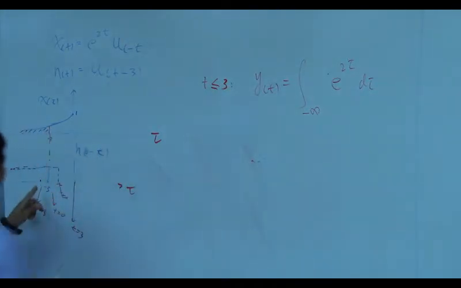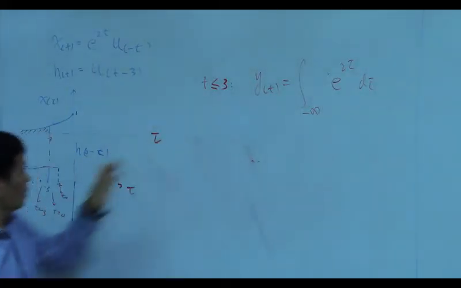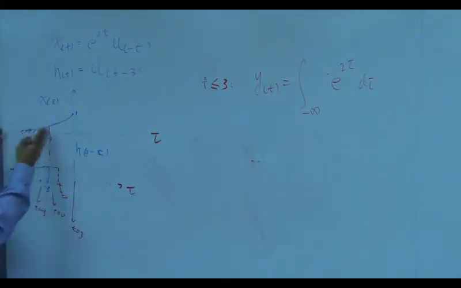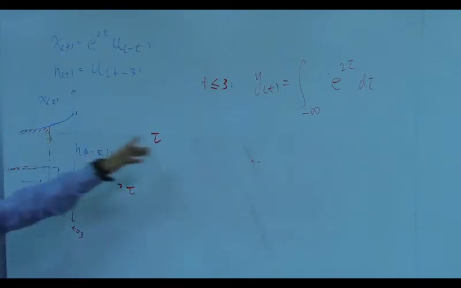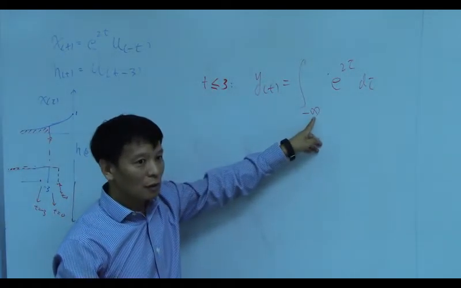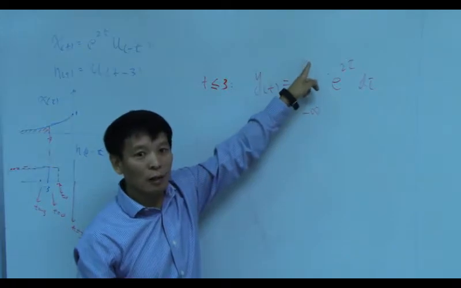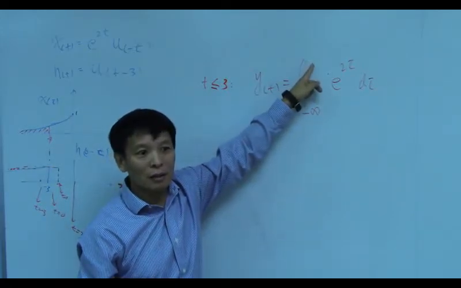So if we only flip, it will be here, this blue line. We do not shift yet. That means this corresponds to t equal to 0. So when t equal to 0, you multiply this one with this, and it gives us this part. Then you do the integration from negative infinity to negative 3.